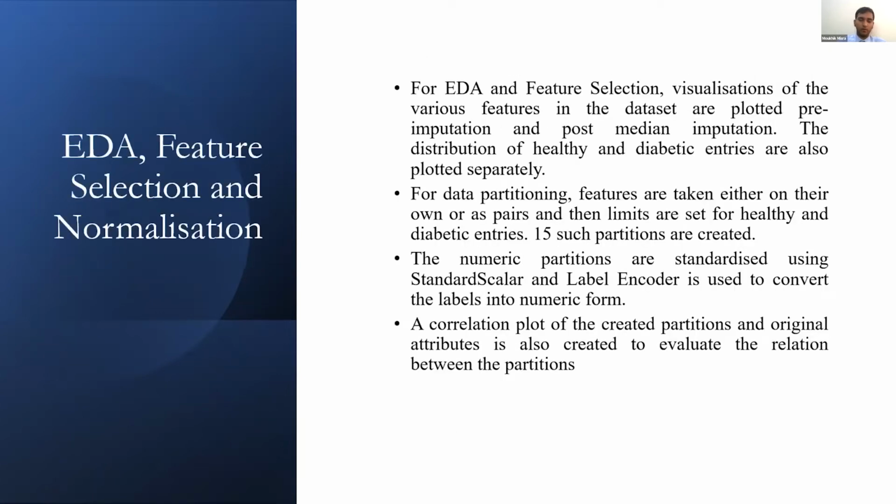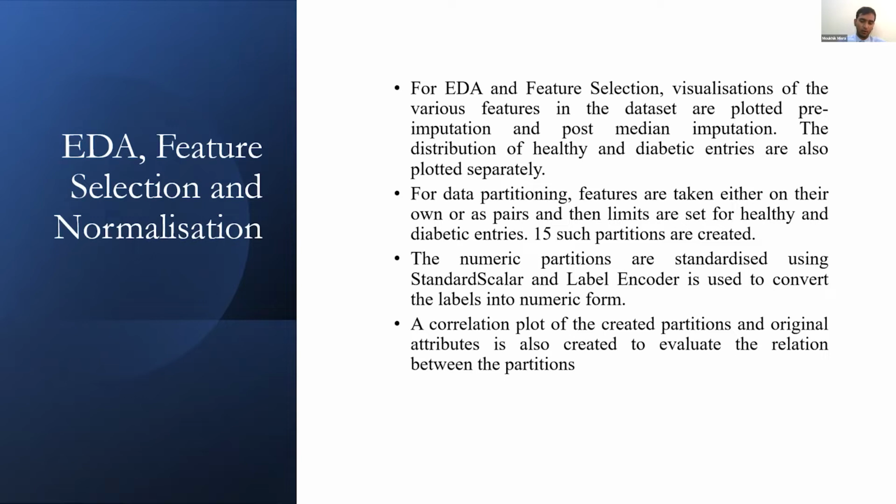Next stage, we've performed visualizations for the pre-imputation and post-median imputation, and also plotted healthy and diabetic entries separately. We can see the mean, the histograms, and all those kinds of things. Next, for better balancing of data and for better performance of the models, we've employed a data partitioning technique where we created 15 custom partitions of the data based on healthy and diabetic.